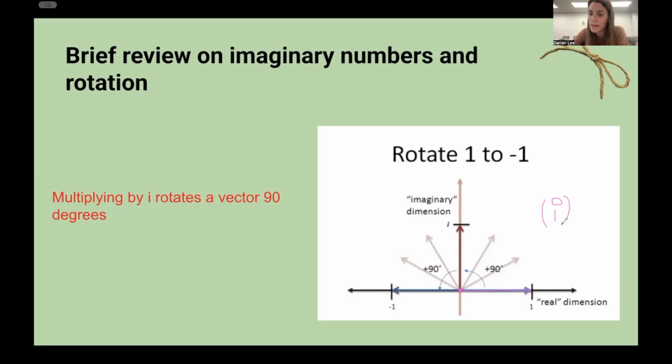What happens if we multiply by i? Well, the first component is going to stay 0 because i times 0 is 0, and the second component is going to become i. And that's going to be plotted right here, as you can see, a 90-degree rotation.